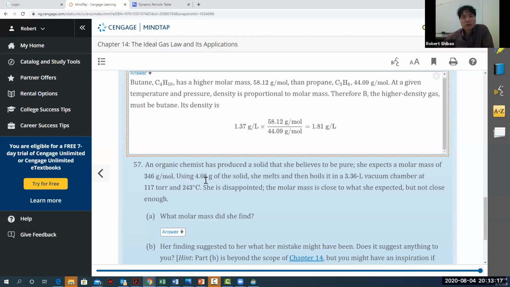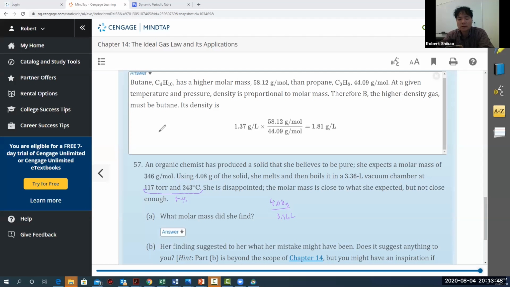So here they're checking the molar mass, with 4.08 grams of solid. We can do it using the way I did it earlier. We have 4.08 grams of this supposedly pure solid and 3.36 liters. Then we do a liter-to-mole conversion using the molar volume. The molar volume we calculate: what is 243 plus 273?